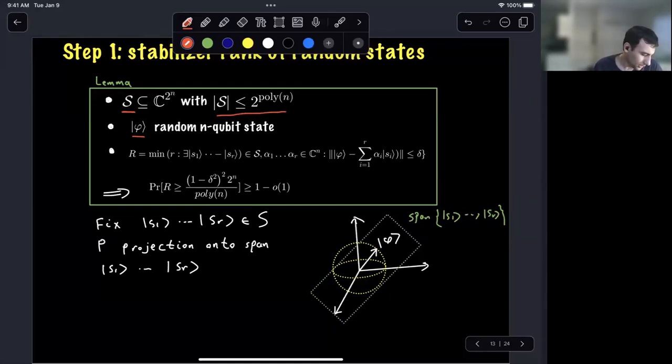And I define the rank with respect to this arbitrary subset. So if you look at this definition of R, it is exactly the definition of the stabilizer rank.